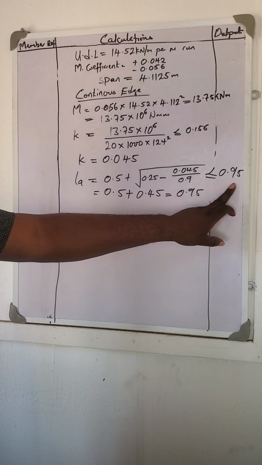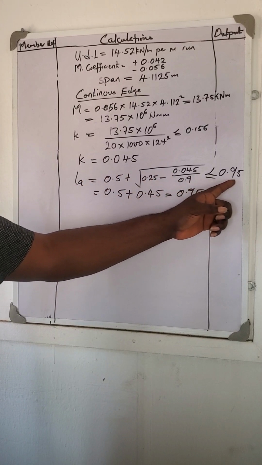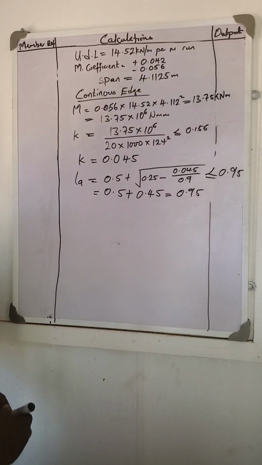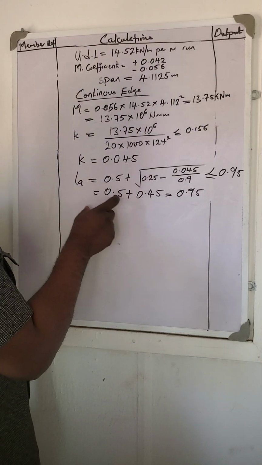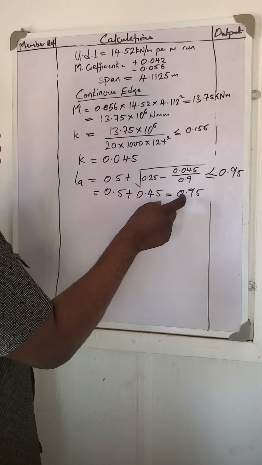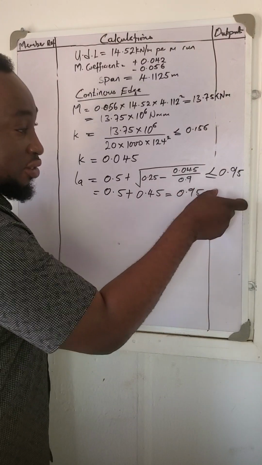You can see the conditions: LA must be less than or equal to 0.95. So this one is equal to 0.95. Use 0.95. Assuming the value we got from this computation was 0.8, you use 0.8. So you use the lesser value.